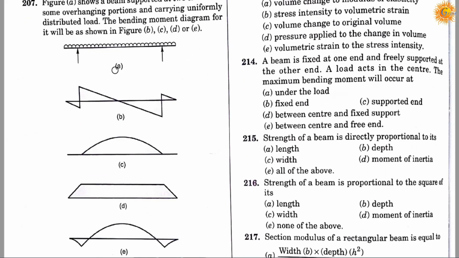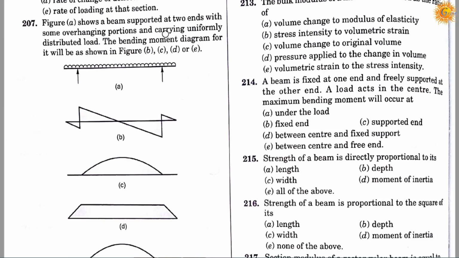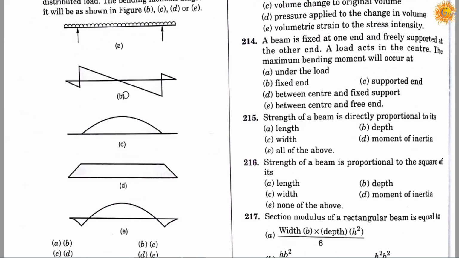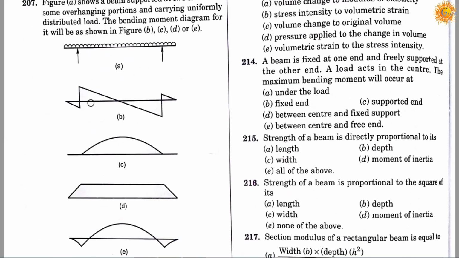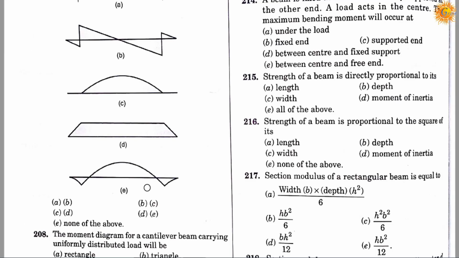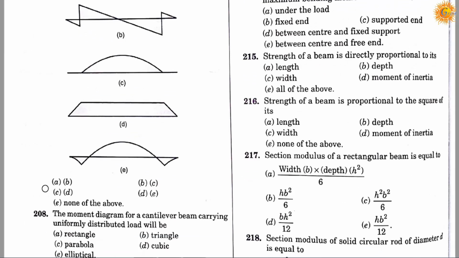So in the figure A you can see a beam at two ends with some overhanging portion, okay, and option A there is showing the bending moment diagrams, option B and option C and option D and option E. So according to this option answer, option A will be B, option B will be C, option C is D, and option D is E, and option E is none of the above.